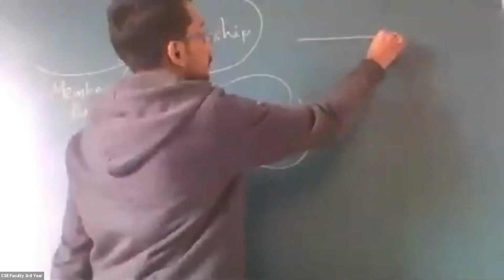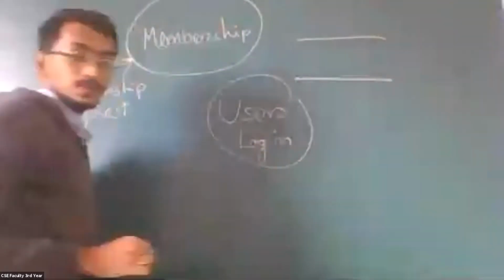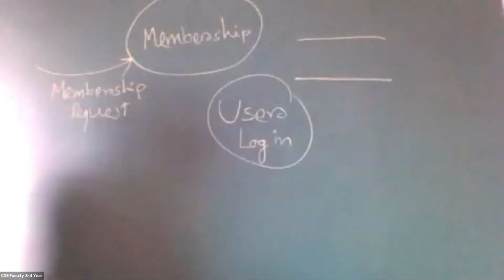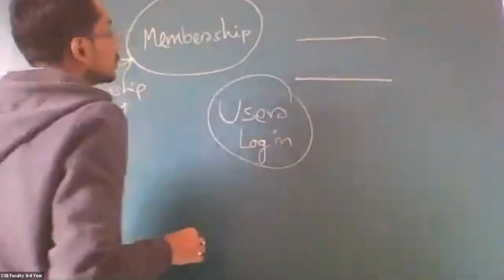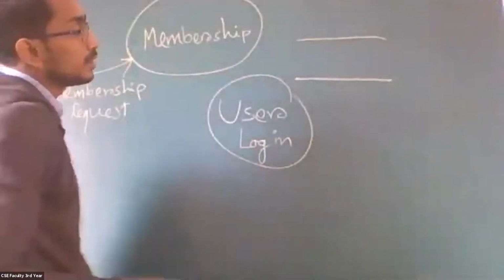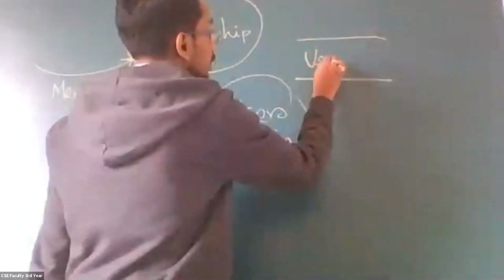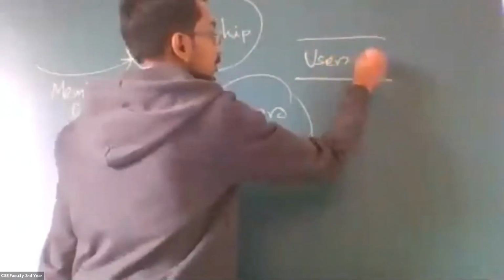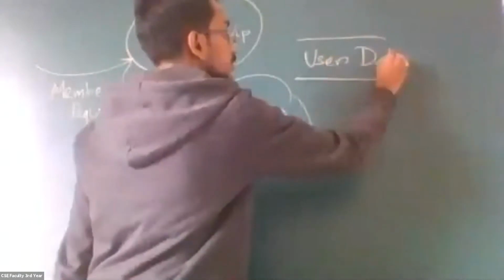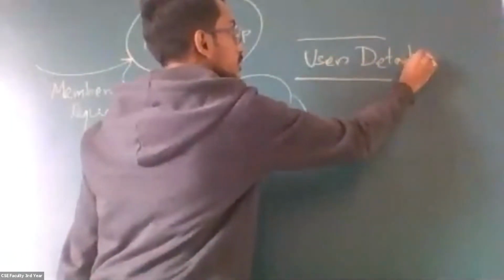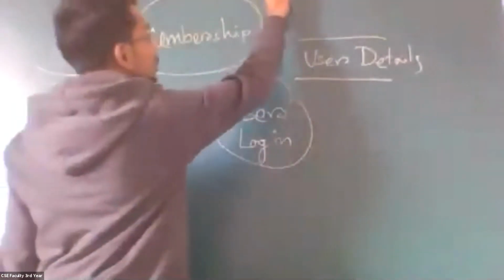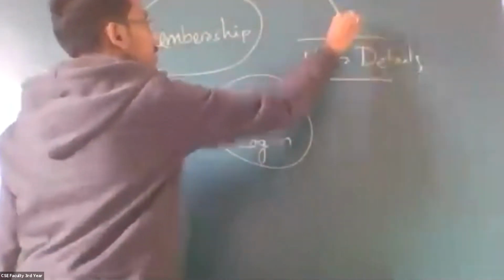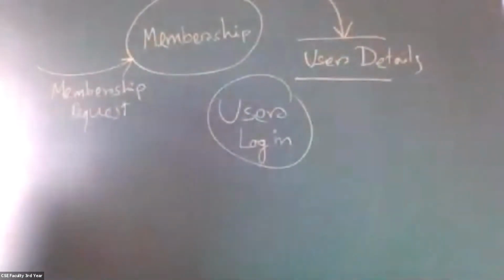So for a database, suppose this is my data store. In DFD, we call it a data store. Suppose we label this data store like user details. After taking the membership, the details will be stored in the user details.